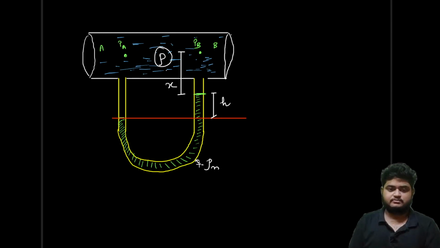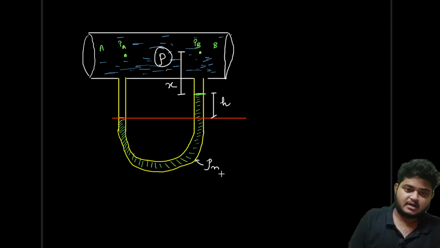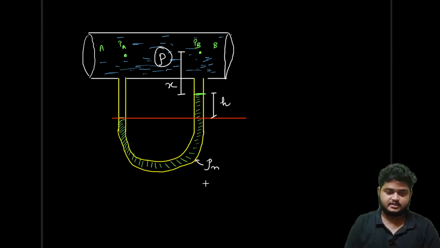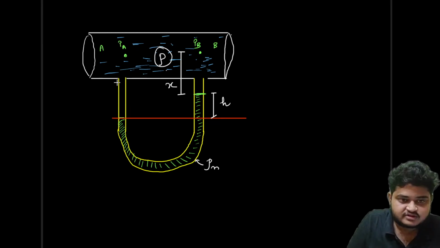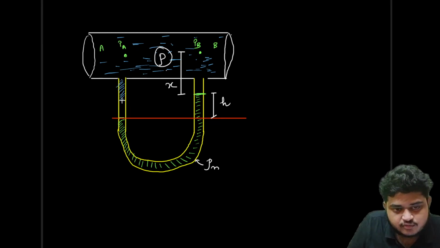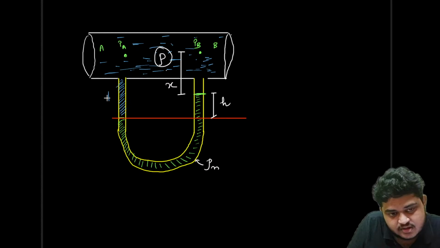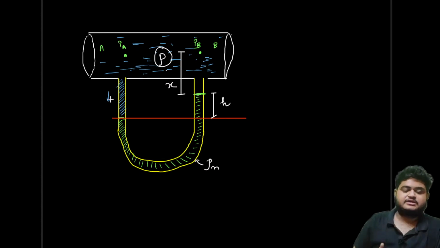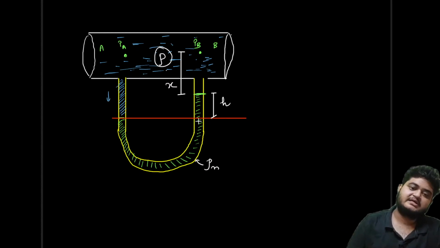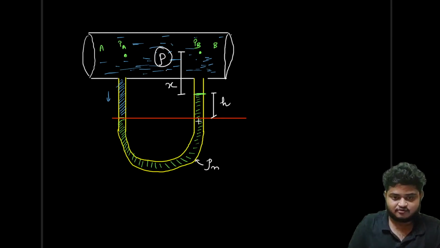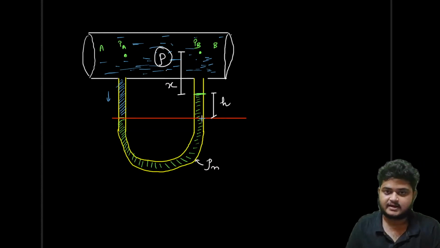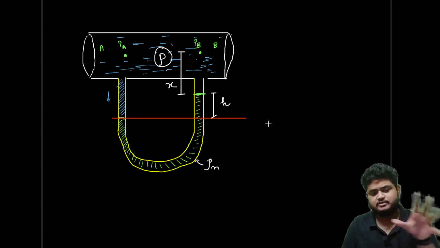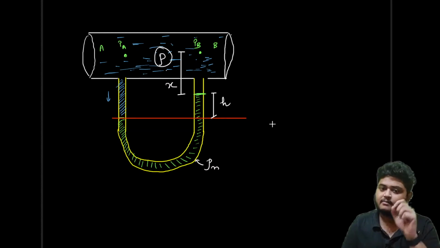Obviously the flowing fluid will exert pressure on the manometer, so the level will rise in the other column of the manometer, and we can measure this with a scale, right? So this is the principle of a differential manometer.